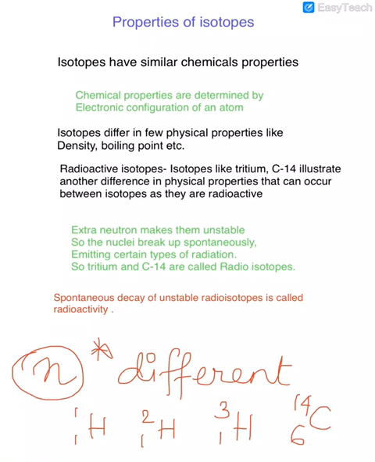There are the extra neutron in the nucleus, which is responsible for emitting certain type of radiation. So those carbon 14 and tritium are known as radioisotopes. So the spontaneous decay of unstable radioisotopes is known as radioactivity.